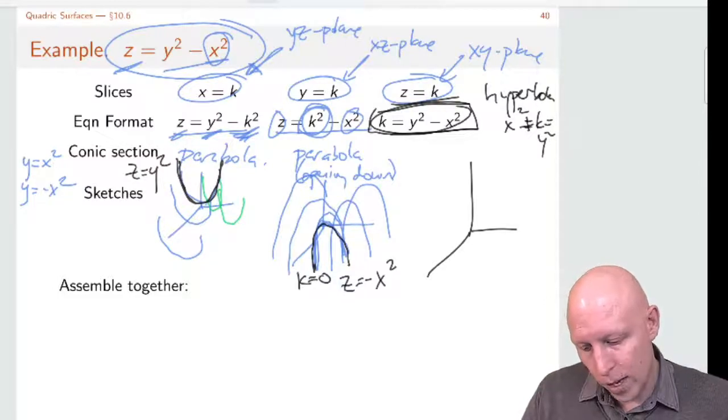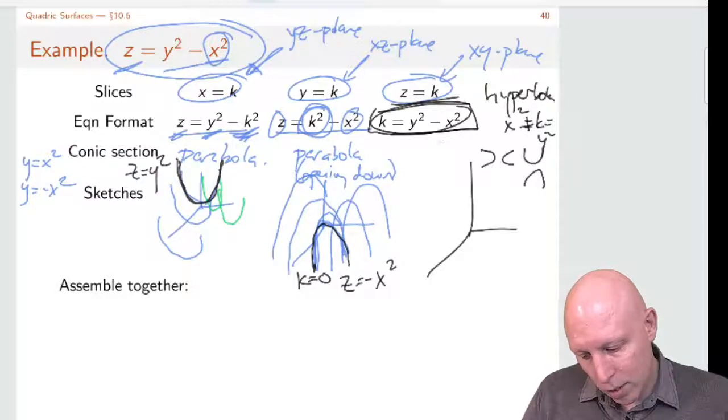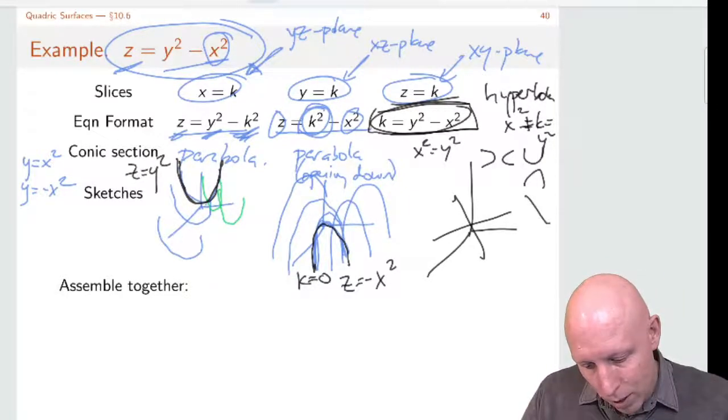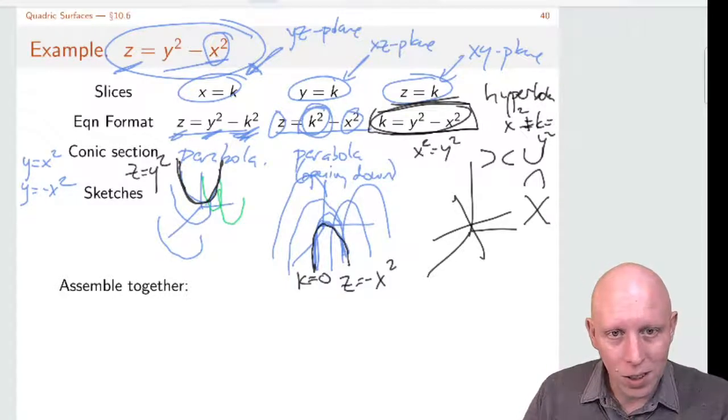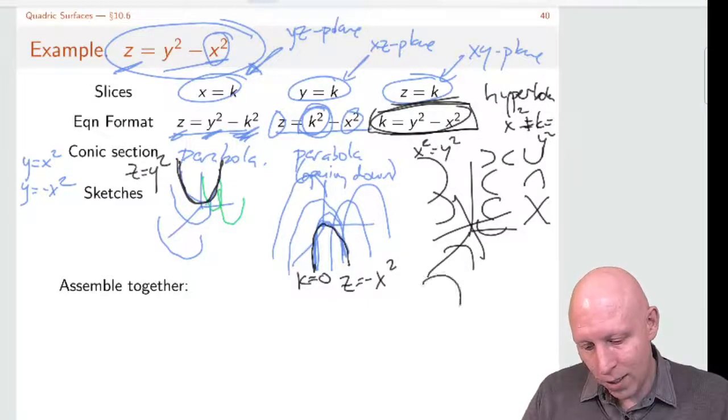What that's saying is that those shapes look like this or like that. When k is equal to 0, we have x squared equals y squared, and that's actually a degenerate hyperbola, where you just have an X. When you go up, you get hyperbolas that look like this. When you go down, you get hyperbolas that look like that.